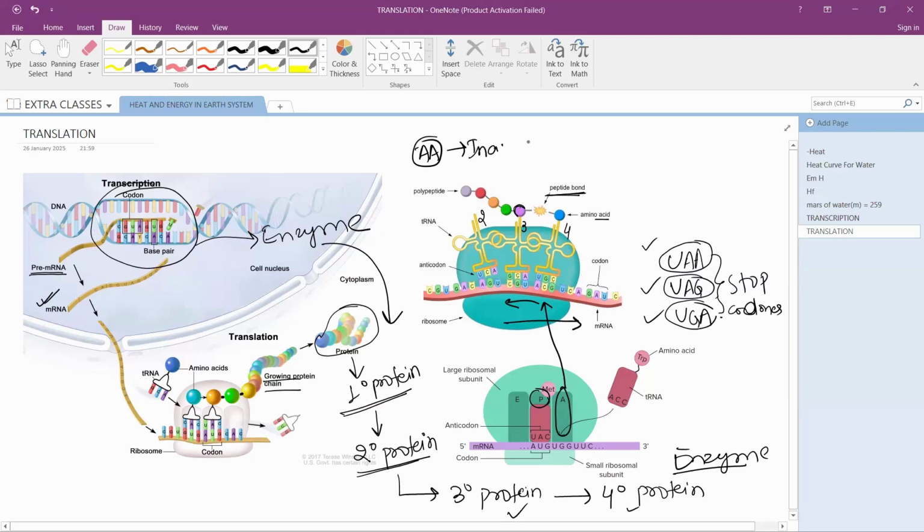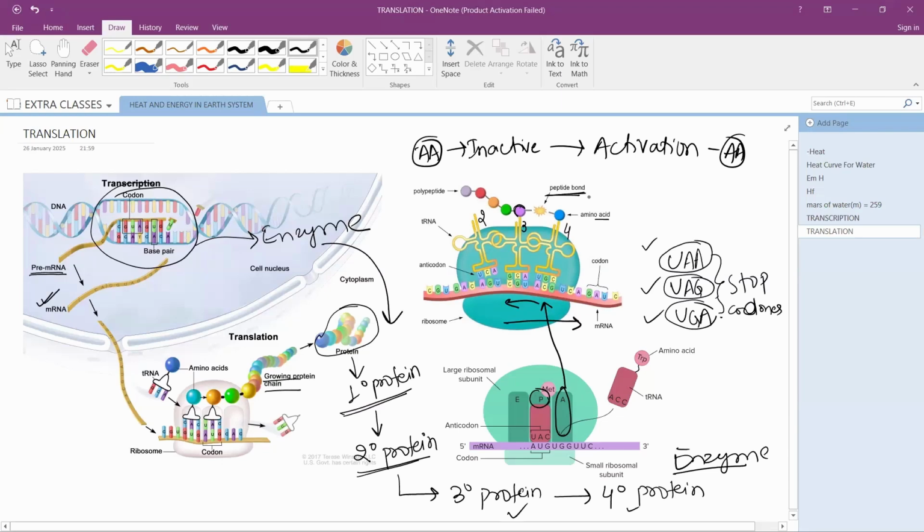After the activation, these amino acids get attached to their specific tRNA molecule, and this forms a special type of complex, which we can call aminoacyl tRNA. This is the first step of translation, activation of amino acid. During this process, amino acids get attached to their specific tRNA.